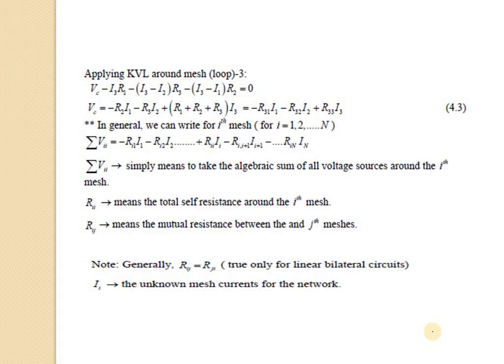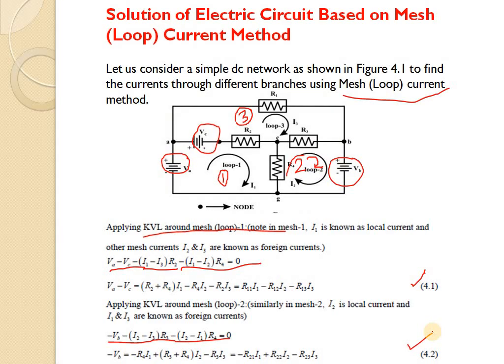Now applying KVL in loop 3. In loop 3 we have one voltage source VC, and its direction is the same as the direction of the current, so it is plus VC.